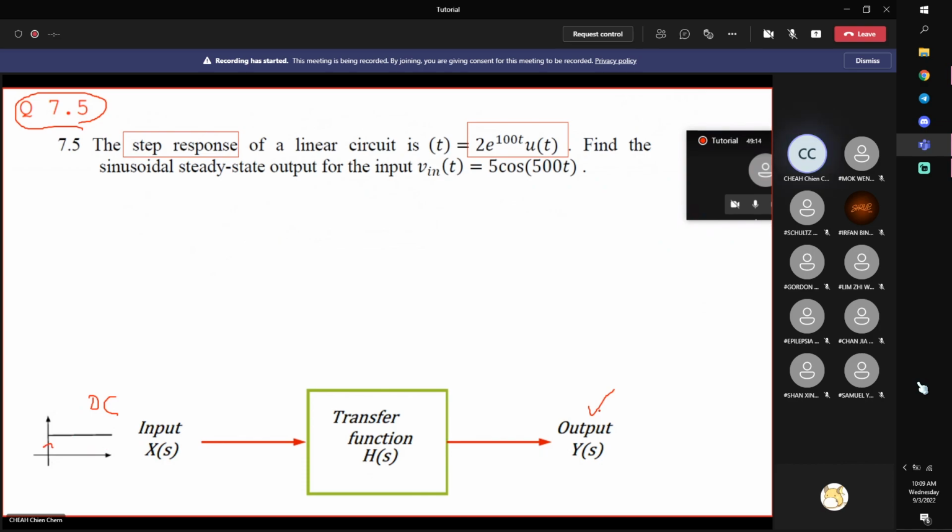This is given as 2e to the power 100t, multiplied by u(t), which just means this is equal to this for t greater than 0. So you don't have to worry about this.